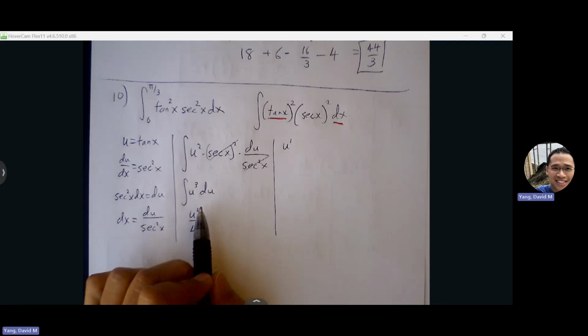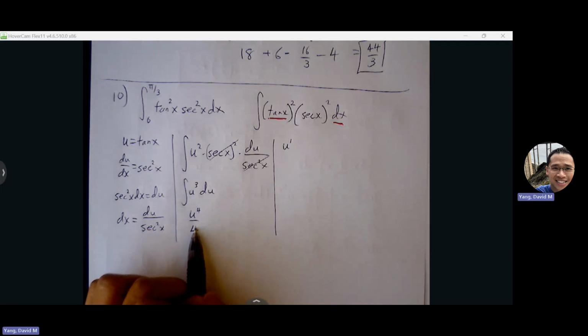Okay, we should be able to handle the antiderivative using power rule, but make sure you bring back your original variable.